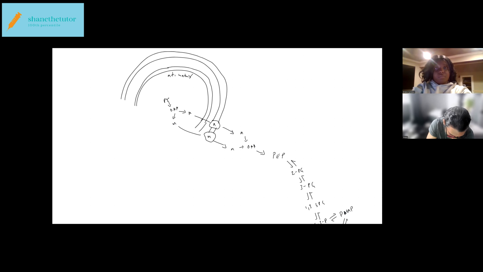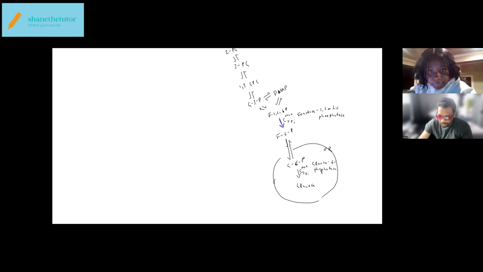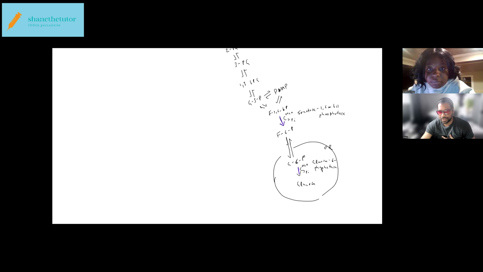This one, and that one, and that one. So they're basically the same irreversible steps as glycolysis, just in the other direction.